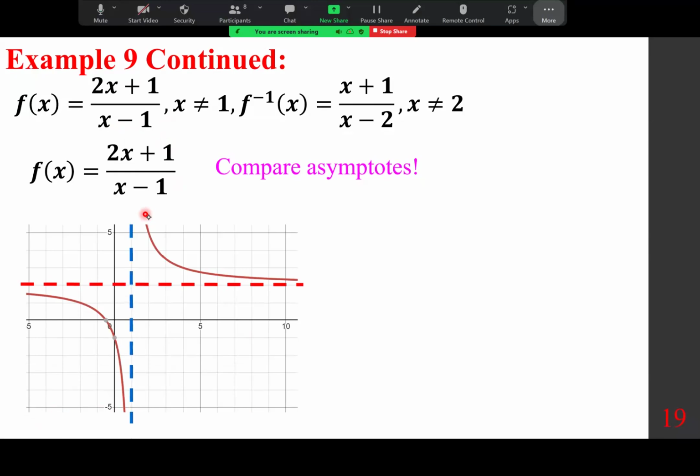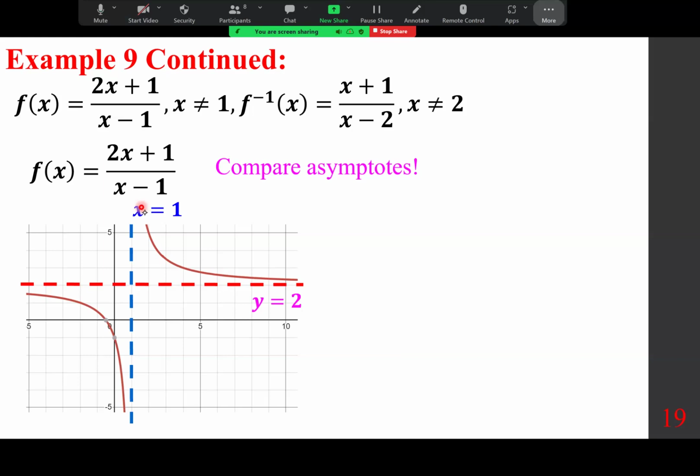Here's the horizontal asymptote. Here's the vertical asymptote. y equals 2. Take a look at this one. Because the degree of the numerator and the denominator is the same, the leading terms take over, 2 over 1. So y equals 2. And x minus 1, that means x equals 1 is your vertical asymptote.